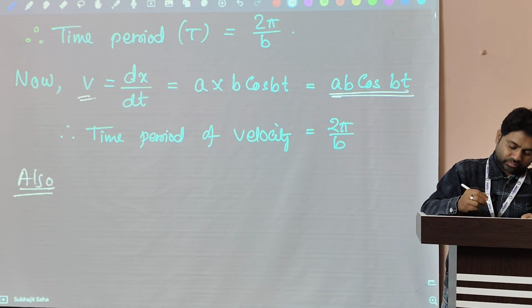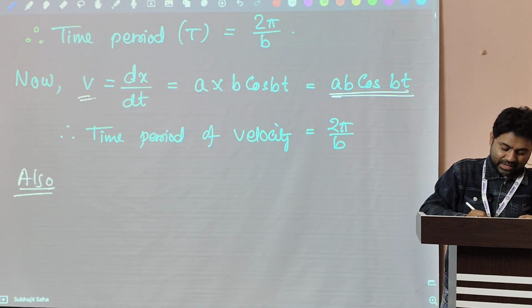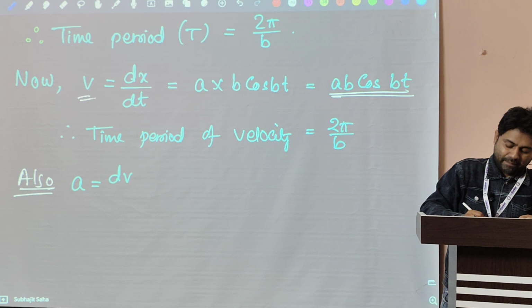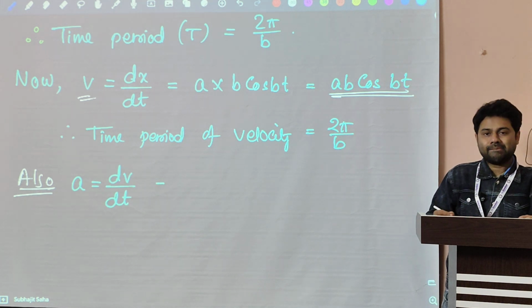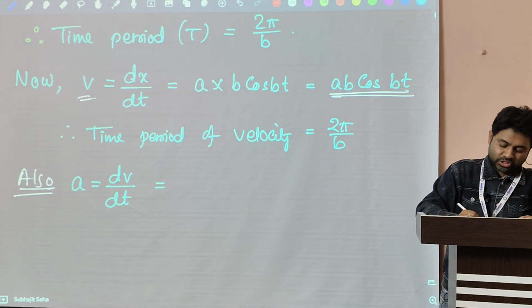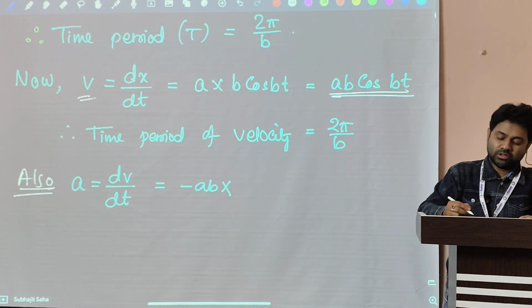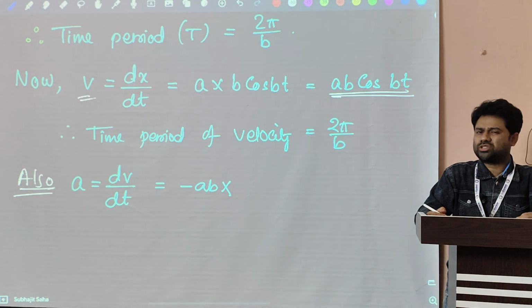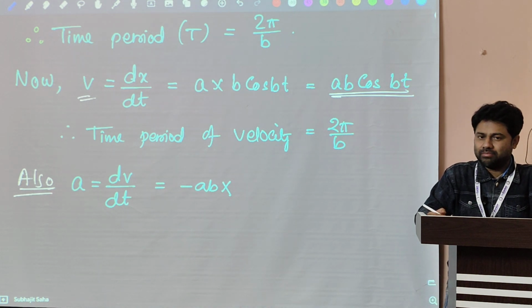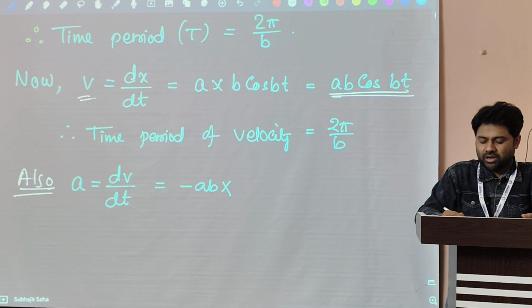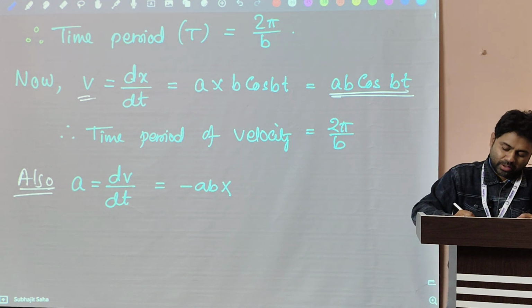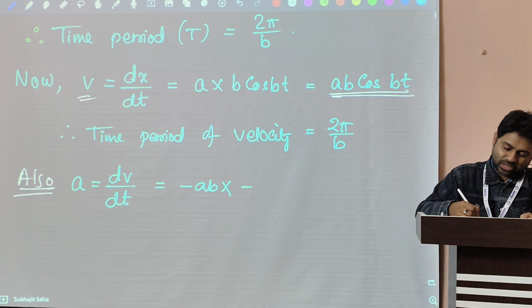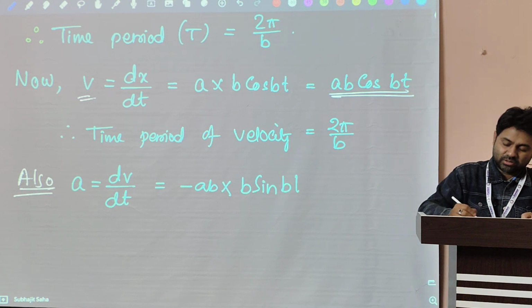Also, let's find the acceleration of the particle, a. That would be dv/dt, which is ab times cos bt differentiated. The derivative of cos bt is minus sin bt, and the bt derivative is b. So it's minus b sin bt.